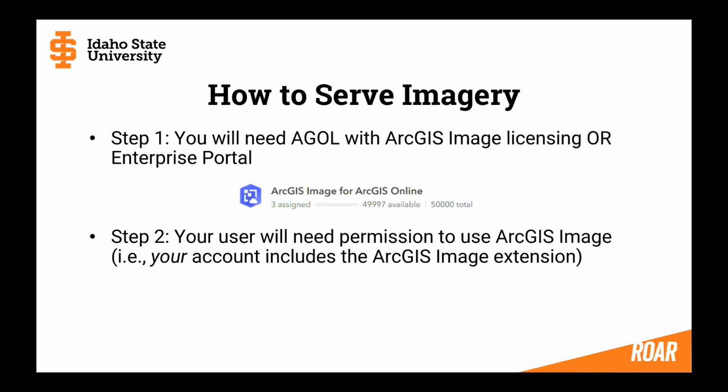We have it here at ISU, just recently got it. We're not really doing too much with it, as you'll see why in just a little bit. Step two, your user account in ArcGIS Online or in Portal will need permission to use ArcGIS Image.